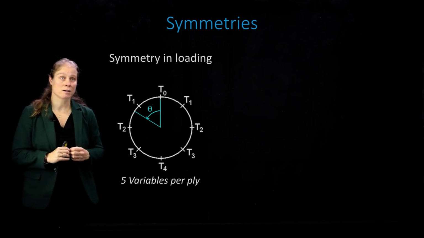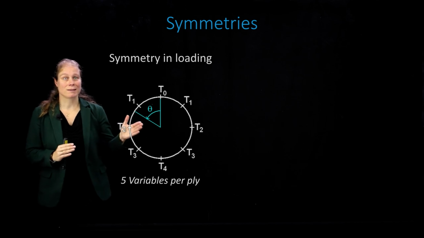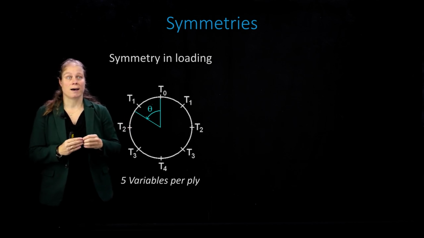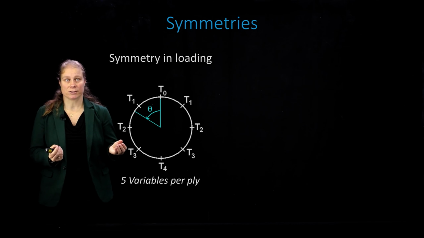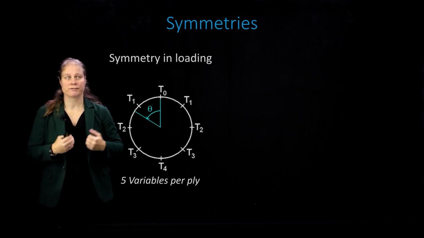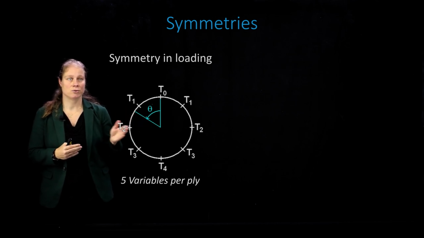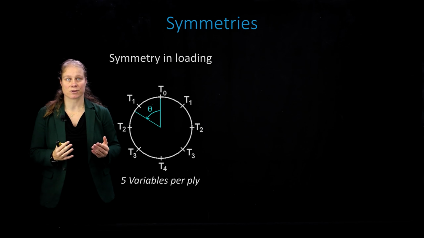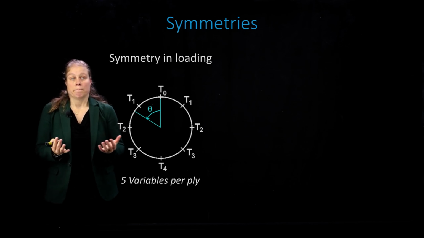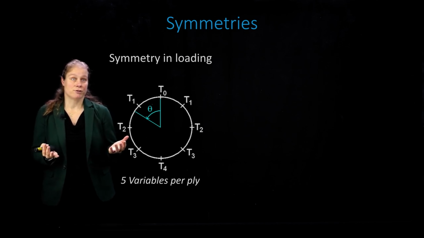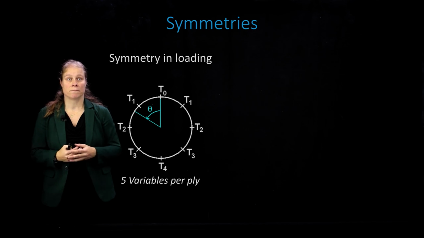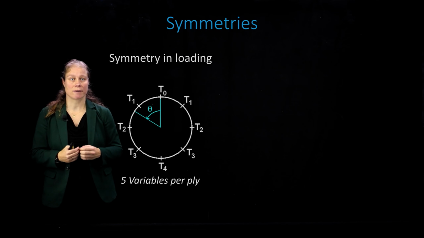So what I did here was on the left-hand side and on the right-hand side, I defined the same fiber orientation to get the same stiffness out. And so that's why you see T1, both sides of the symmetry plane, T2 on both sides of the symmetry plane, etc. And so that saves you 3 out of 8 independent variables. So you only have 5 variables instead of 8.